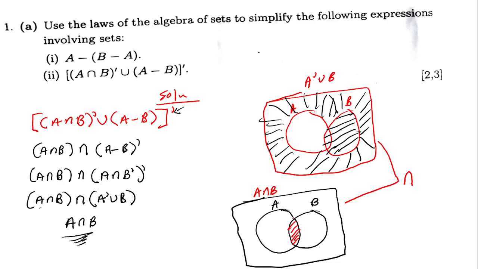So if you look at the intersection between this one and that one, the only part they are common is that point here, which is simply that point. That's why we have said D, it is A intersection B.